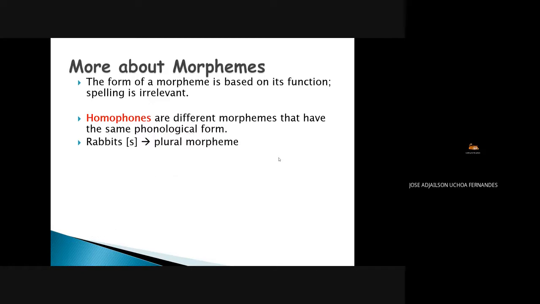Like rabbits, the final S for plural morpheme, and Rodriguez's car, the final S for genitive case. This S is not this S, but the sound is S.